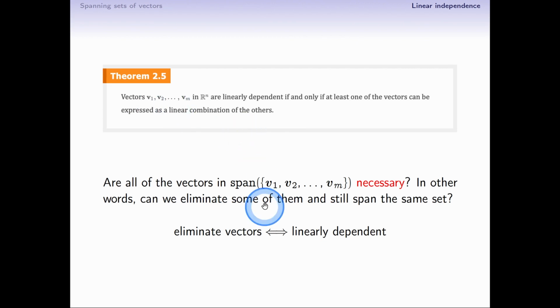So, if I look at my collection and it's linearly independent, then every one of these vectors is necessary. I can't remove any of them without destroying the spanning property. On the other hand, if I look at this collection and I find that it's linearly dependent, then I know that there are some unnecessary vectors in there. There are some vectors in there that are not doing anything essential.